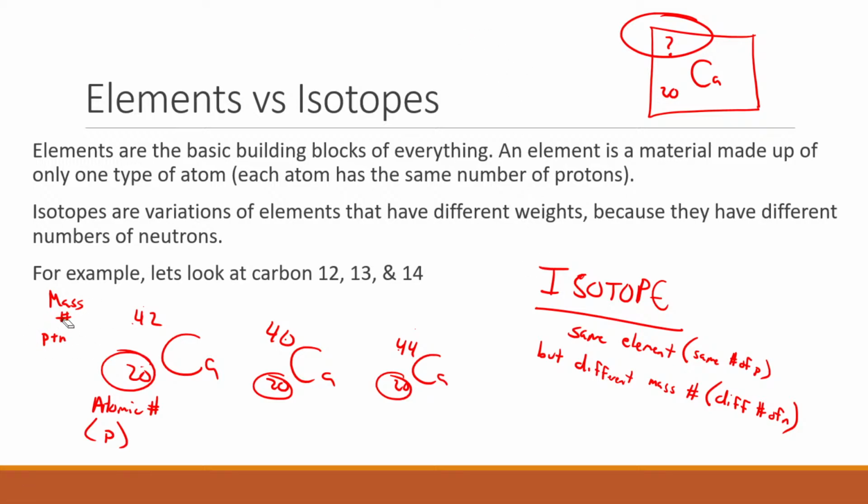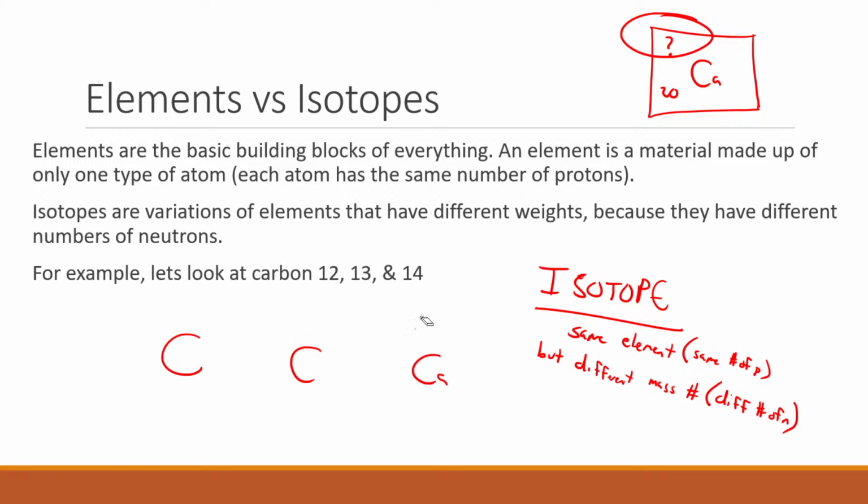So if we take a closer look, let's look at something like carbon 12, 13, and 14. Carbon is always atomic number 6.